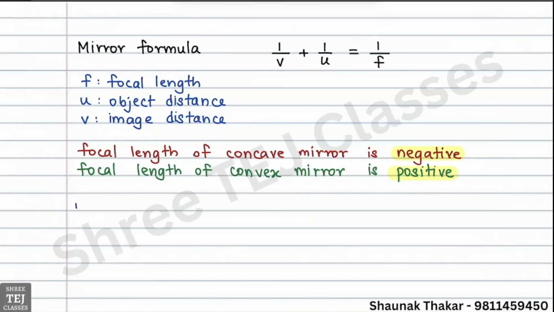So image distance for a real image is negative because real images are formed in front of the mirror. So distance will be negative. What will be the image distance for a virtual image? Virtual images are formed behind the mirror. So to the right of the mirror, hence those distances will be positive.